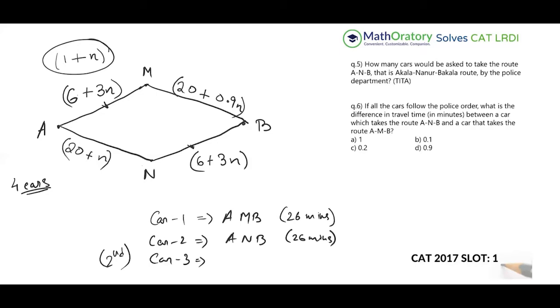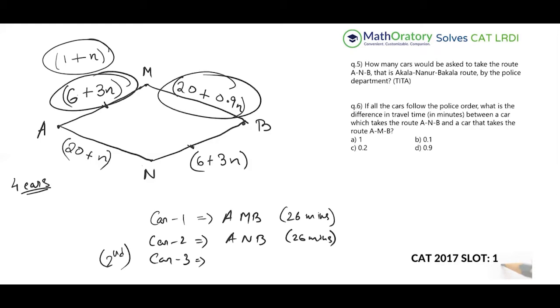That is going to increase the time for both the cars that are traveling in that route. So essentially, car three should be the second car on this route.